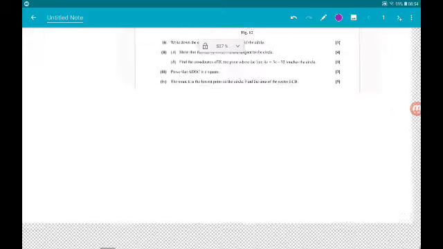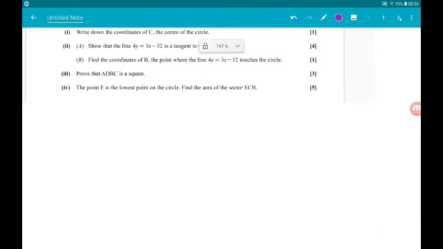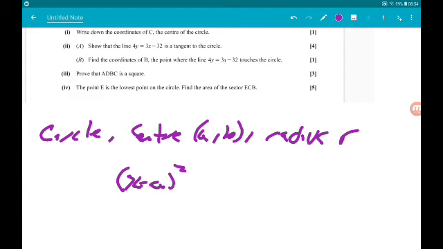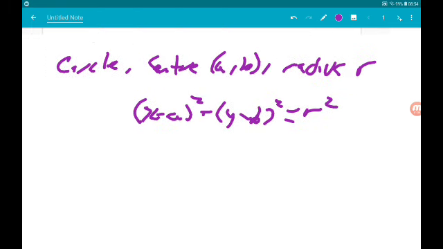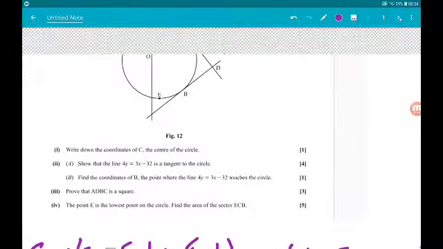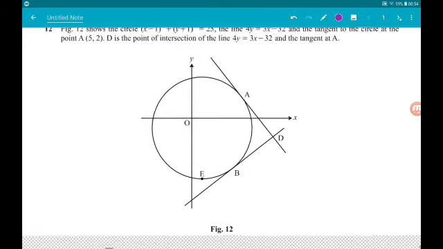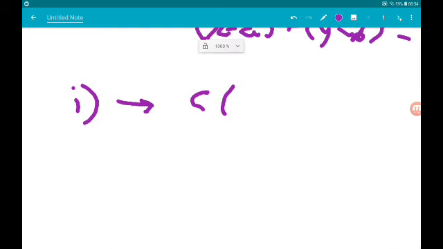Okay, so a circle with centre (a, b) and radius r has equation (x - a)² + (y - b)² = r². Therefore, for part 1, the equation is (x - 1)² + (y + 1)², so the centre is going to be (1, -1). Cool.